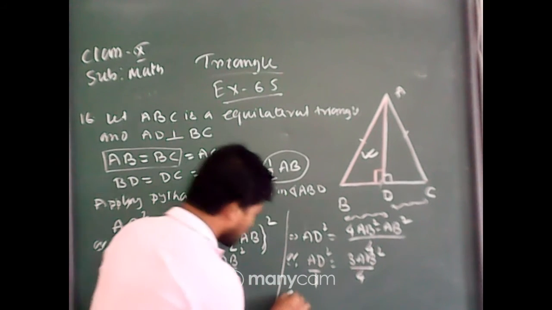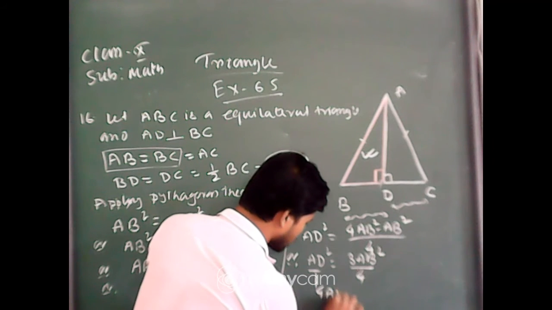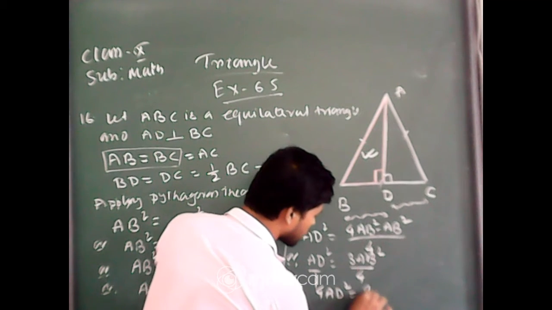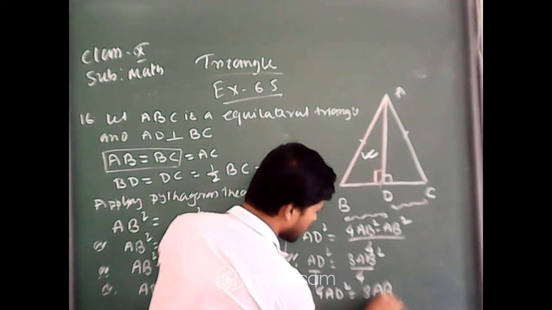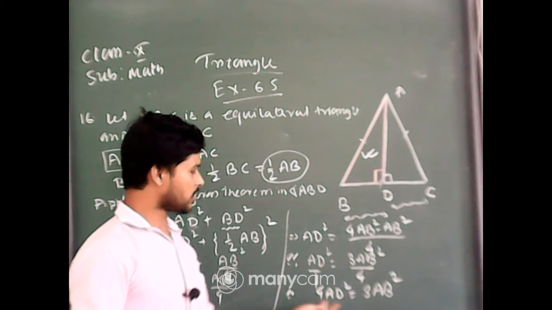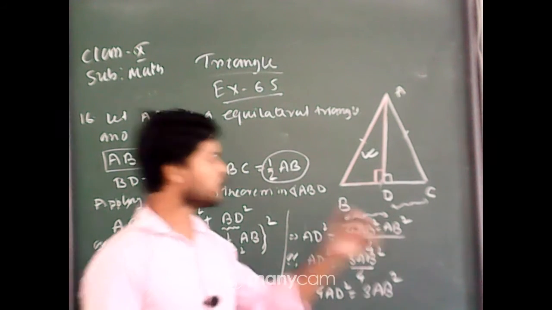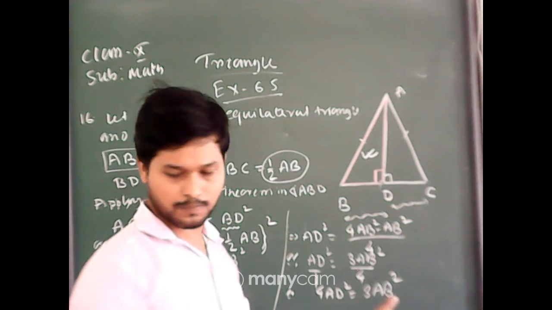Do the cross multiplication. So after doing the cross multiplication, we have 4 AD square is equal to 3 AB square, meaning 4 times the square of altitude is equal to 3 times the square of its side. And that was the proof.